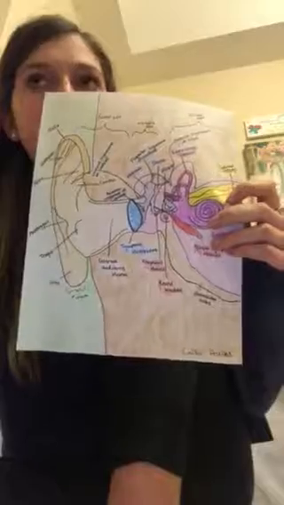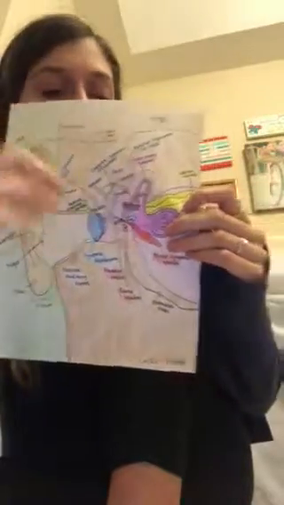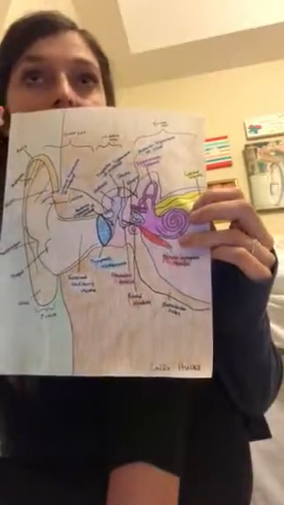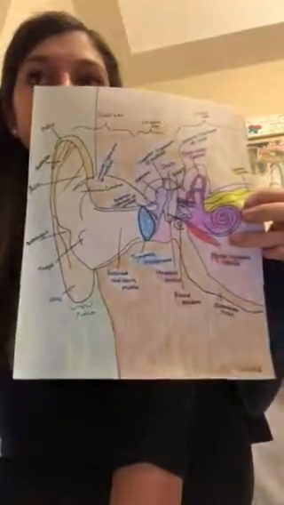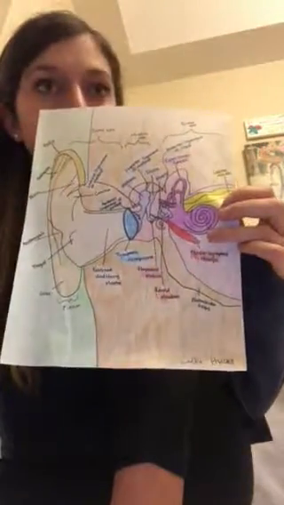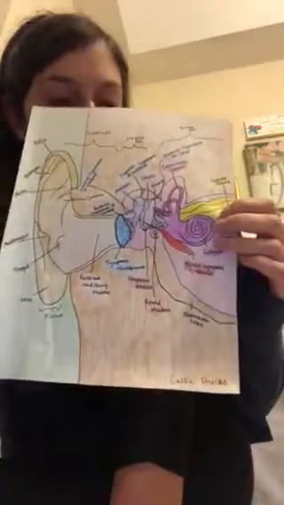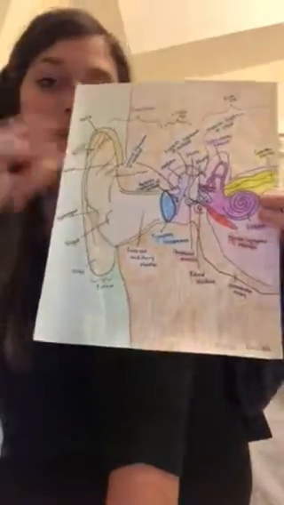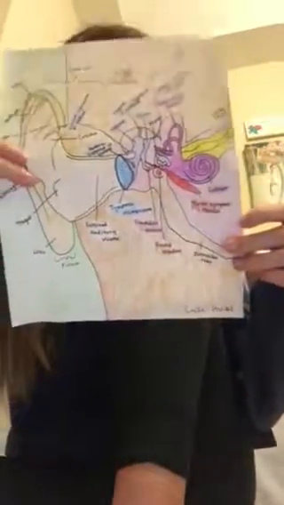Within these tubes, within the scala media, there is a basilar membrane and a vestibular membrane, and this movement of fluid within the cochlea causes these membranes to come together around the scala media, which affects the cilia inside the scala media. And these cilia have attachments to the auditory nerve, or the 8th nerve, which I've drawn right here, and that sends the chemical message to your brain that you're hearing something. And I believe that's everything.